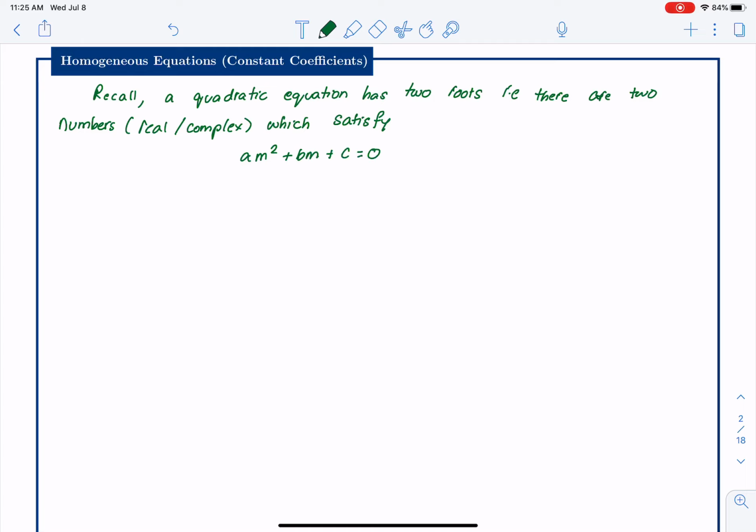In other words, if we plug in either of those numbers, the left-hand side will equal the right-hand side. In other words, we would get 0. So how do we find the two numbers?